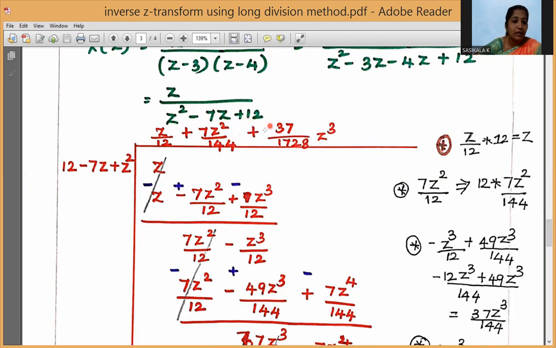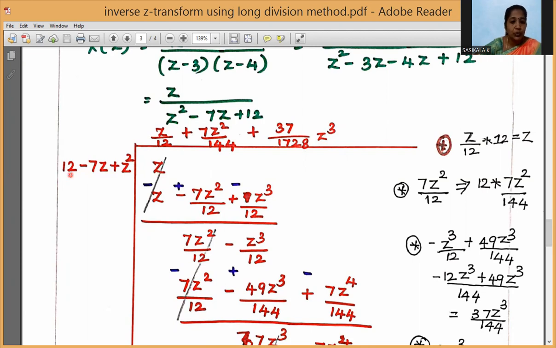So since it is an anti-causal sequence, we are writing the z terms in the increasing order. That is 12 into z power 0 minus 7 into z power 1 plus z square. Likewise we are writing the powers of z in the increasing order. So here the first term is z, whereas here the first term is 12.